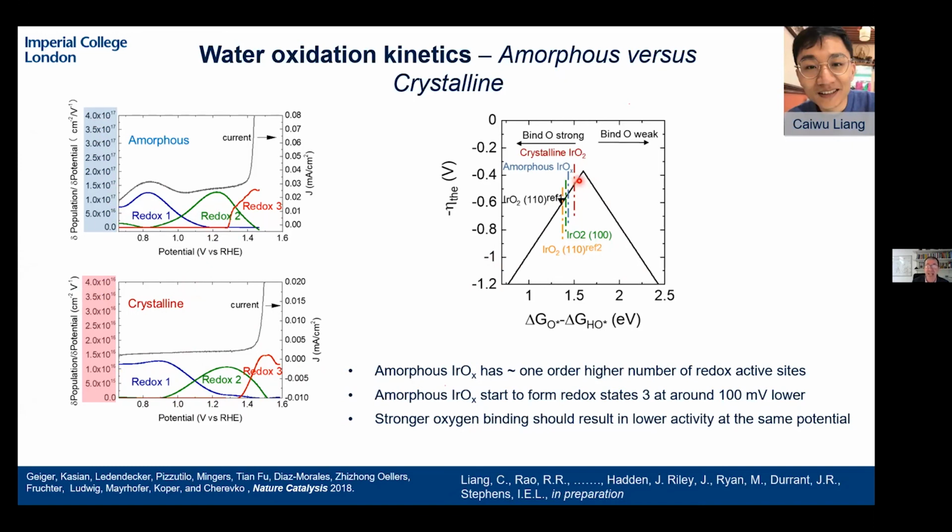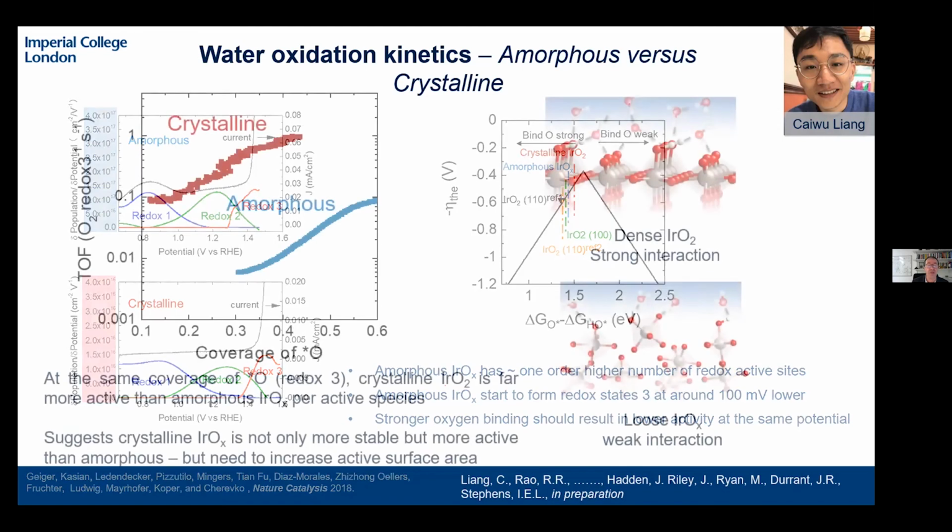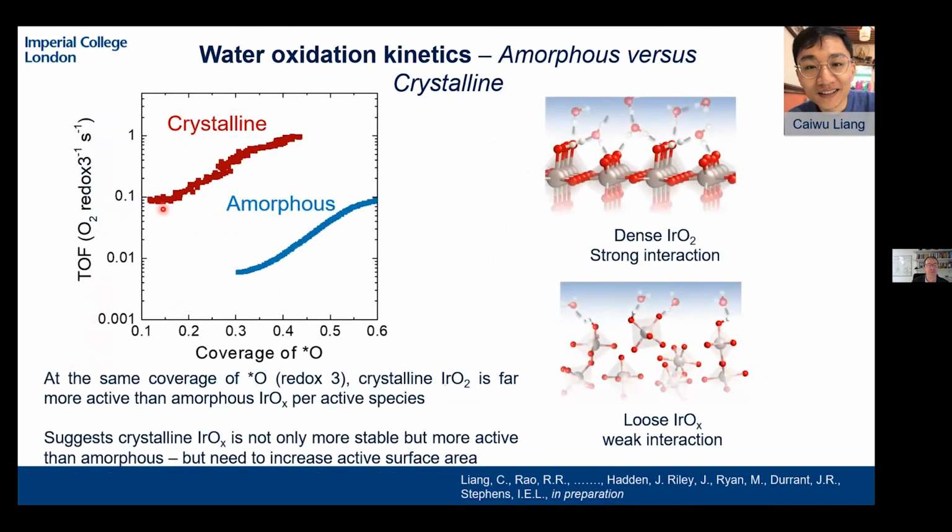And indeed, that's just what we observe, that when we plot the underlying kinetics of water oxidation on the crystalline and amorphous iridium oxide, but now relative to the coverage of the available states in these iridium oxides, then we find that the crystalline material, for a matched coverage of oxidized states, is about an order of magnitude faster than the amorphous.